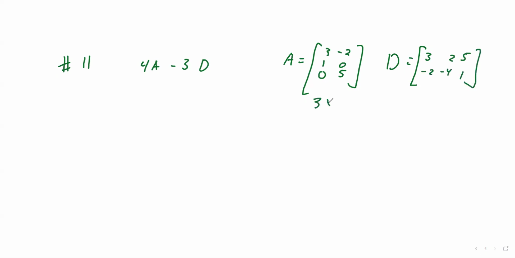So this is a 3 by 2, and this is a 2 by 3. These are not the exact same dimensions, so therefore this is not possible. So again, make sure that the dimensions are exactly the same before you get into the work to see if you can even add or subtract.